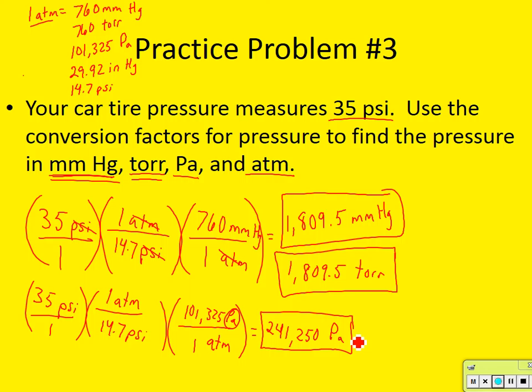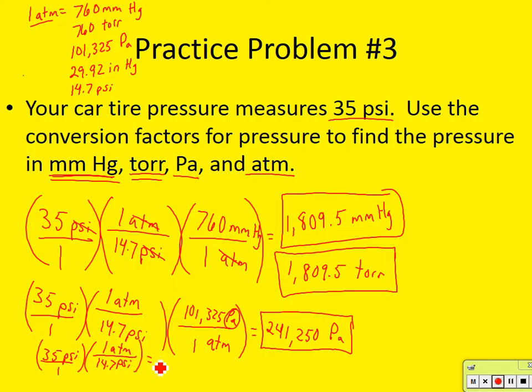Okay, now we just have one left: atmospheres. Couldn't we have just stopped after the second one? So 35 psi, put it over 1. We know that psi's got to go on the bottom. There's 14.7 psi in 1 atmosphere.